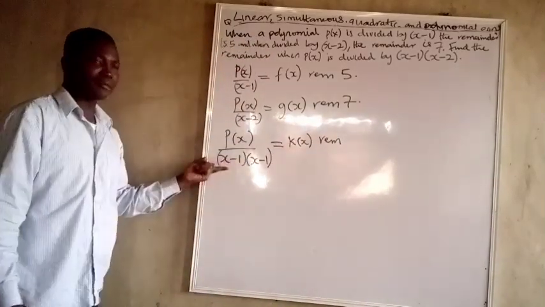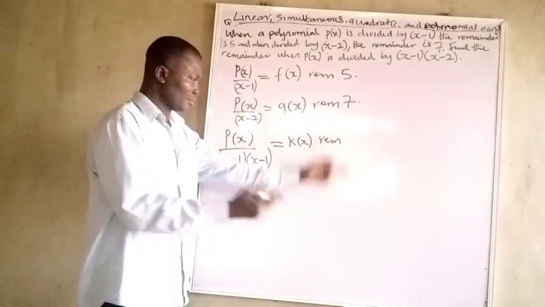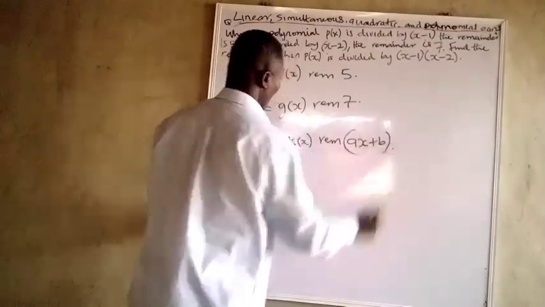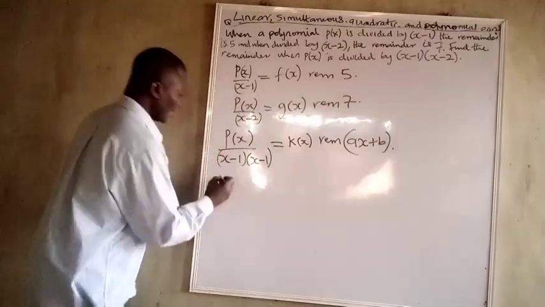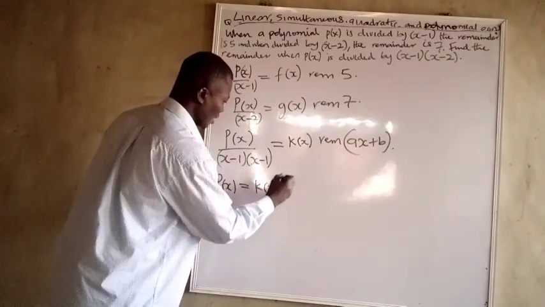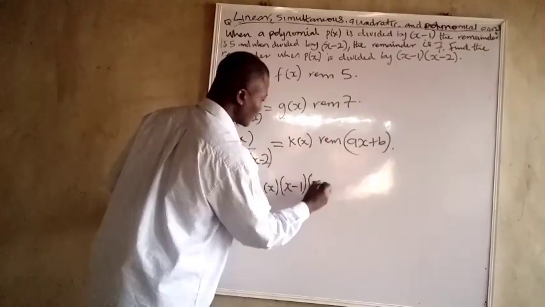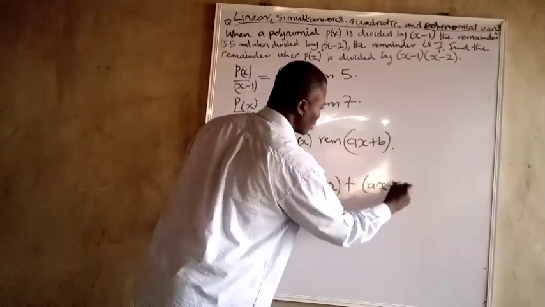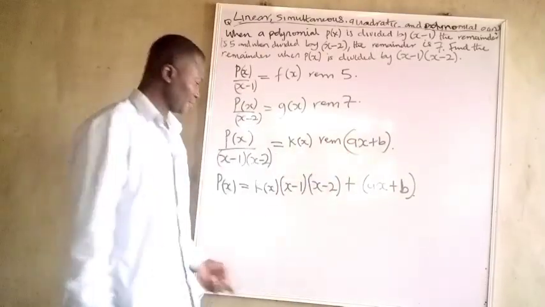You see, we are going to have a quadratic divisor of degree 2, so the remainder is at most a linear function, and let us represent it as ax plus b. So we can work with this now. Let's represent p(x) as k(x) into (x minus 1) into (x minus 2) plus ax plus b. This will not multiply this one, because this is the remainder. Take note.